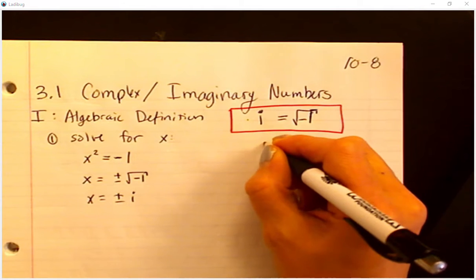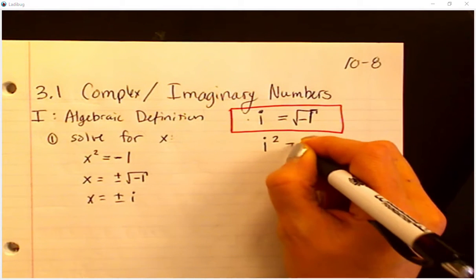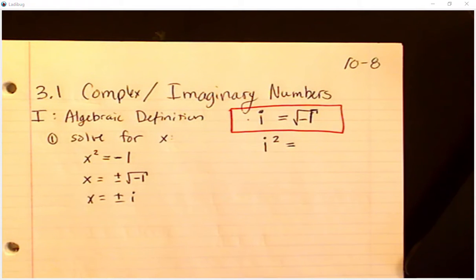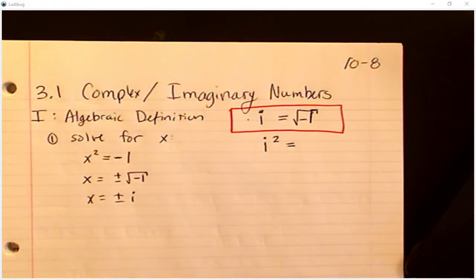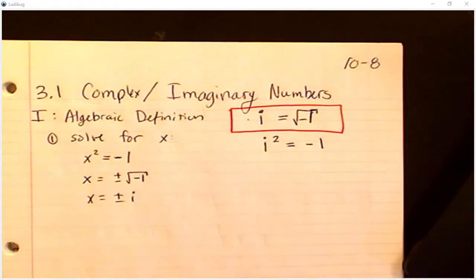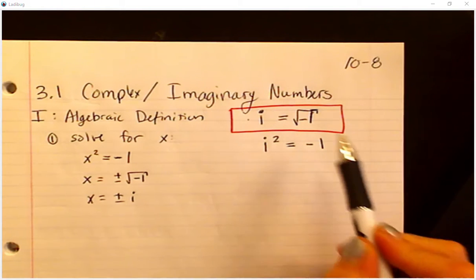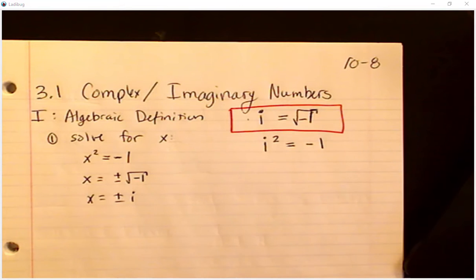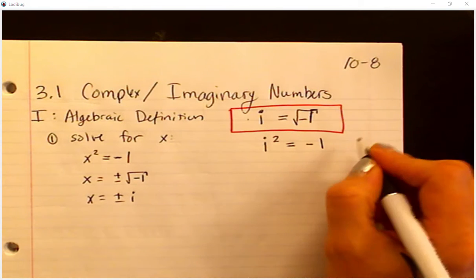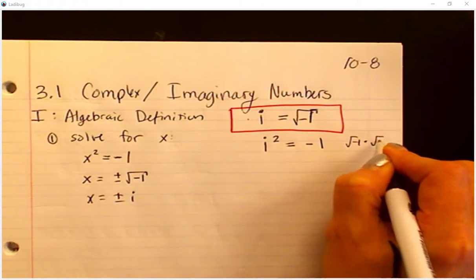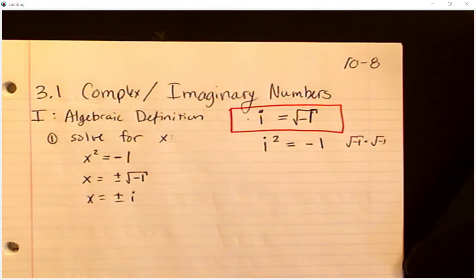Okay, so what would i squared be equal to? Don't yell it. Gabe? It has to be -1? It is. Grab a piece of candy. Okay, so that just means you multiply the same thing twice. Well, what's root -1 times root -1? -1.